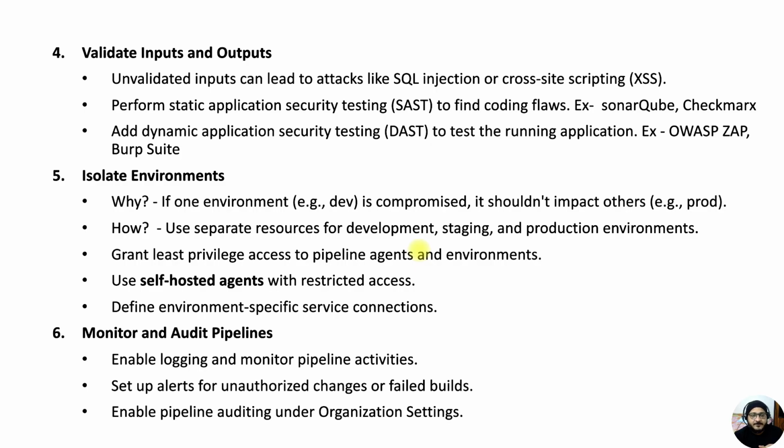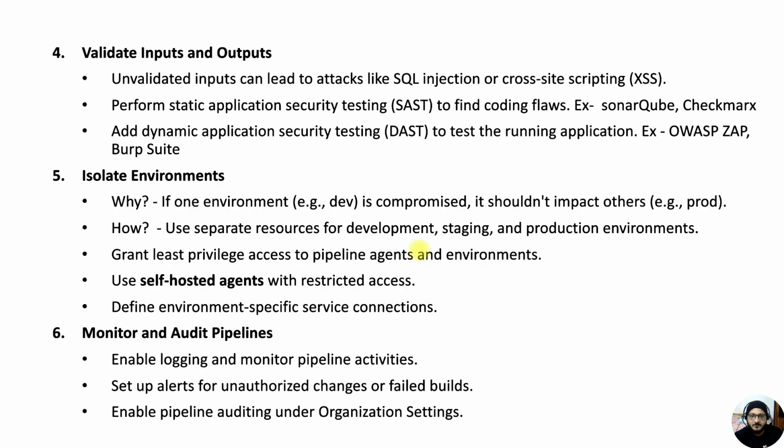Then the fifth point, isolate environments. This is why we need it: if one environment is compromised, it should not impact other environments. So all the infrastructure for the dev environment should be different. Your container registries will be different. Your deployment, whether Azure App Service or AKS, will be different. How can we secure this?